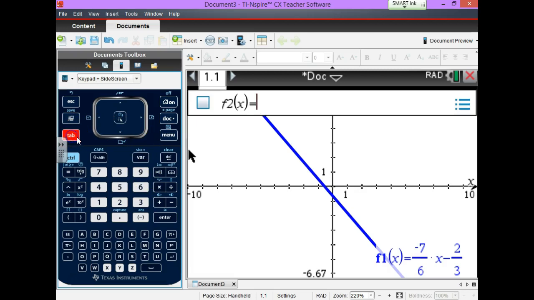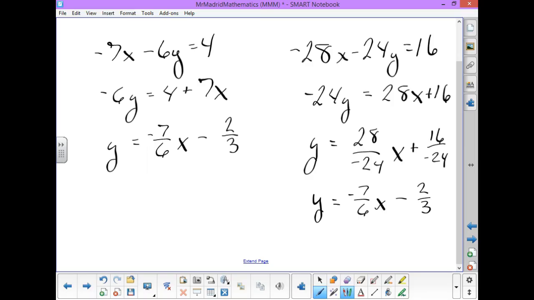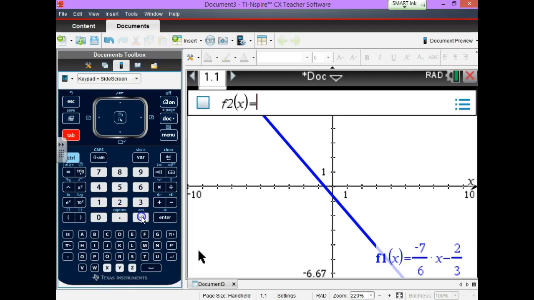And I'm going to hit tab, get that second one in, which is -7/6x minus 2/3.